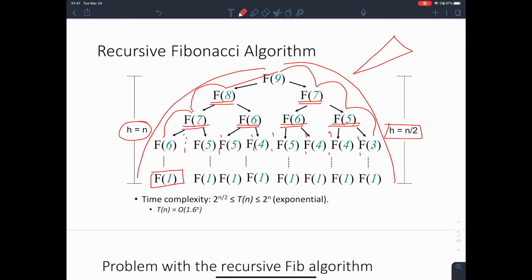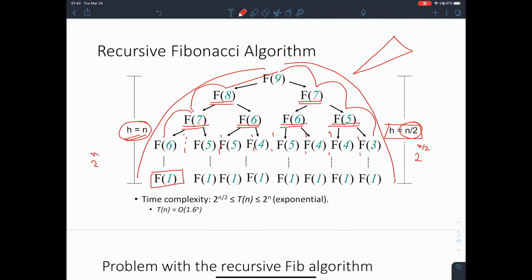So now the question is, how many nodes are there in this tree? If the tree height was n/2, then we would have 2^(n/2) nodes in that tree. Why? Because the tree would be a complete binary tree. If the height of the tree is n, then there will be 2^n nodes.